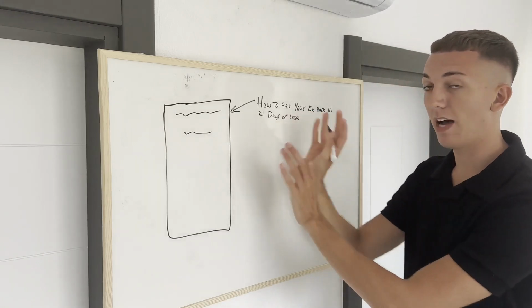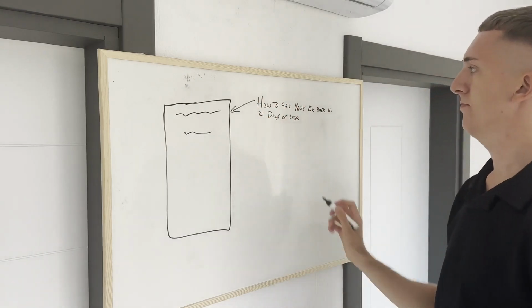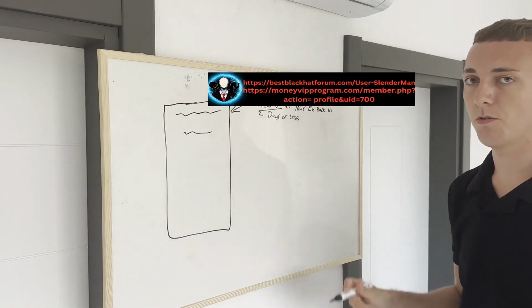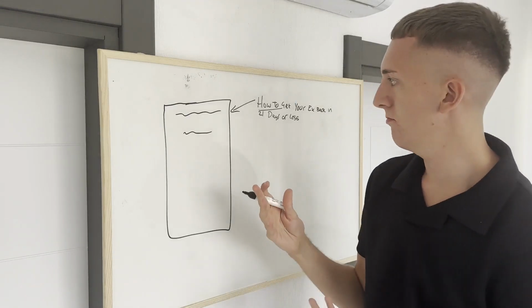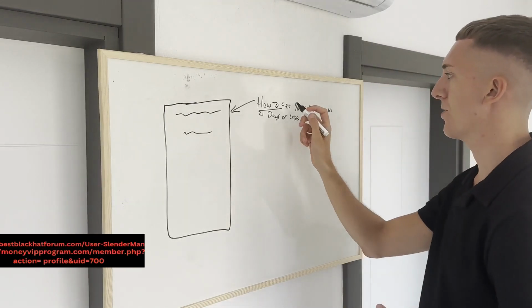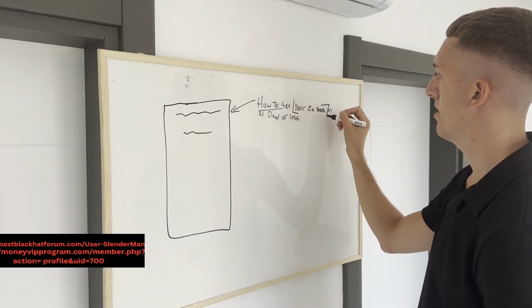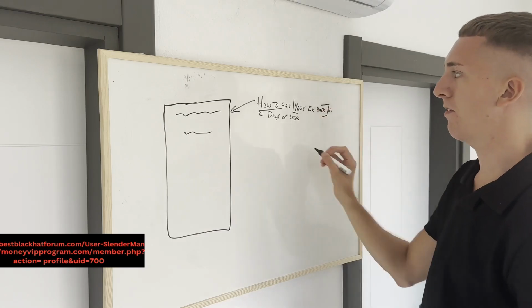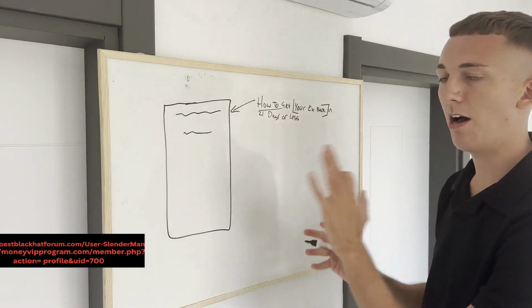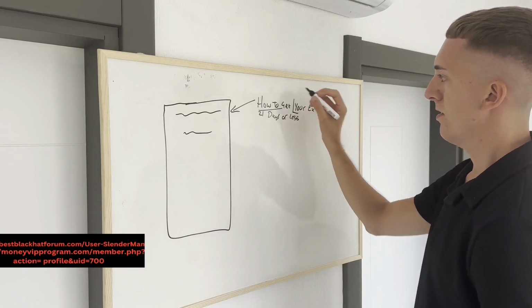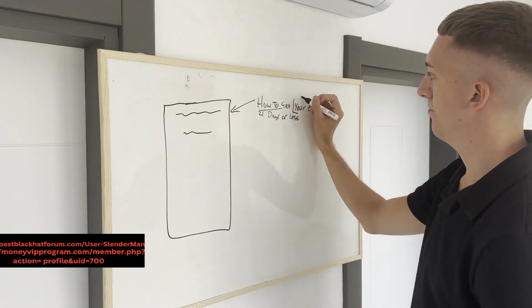That's an example headline, okay? How to, so it implies that they're gonna learn how to do this. So how to get, this is the result that they want. So it's how to get, or how to do, how to get the result.